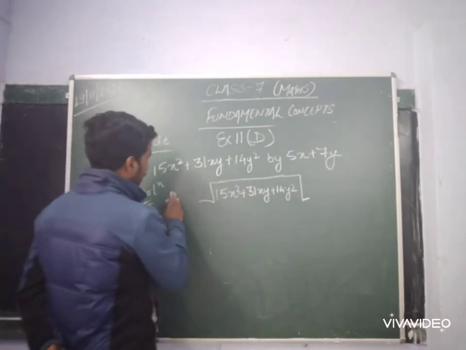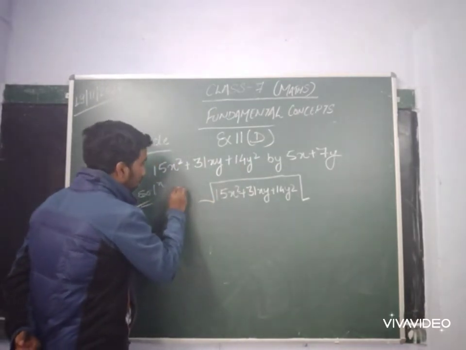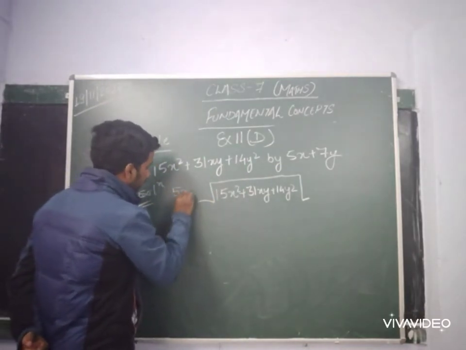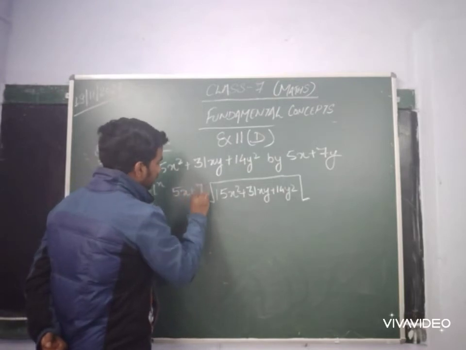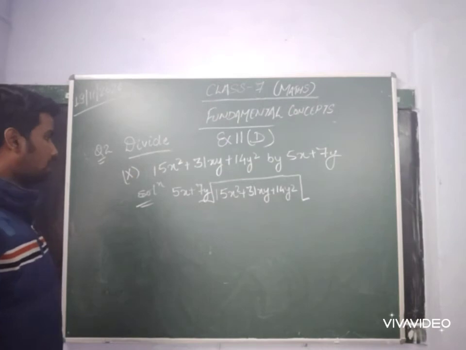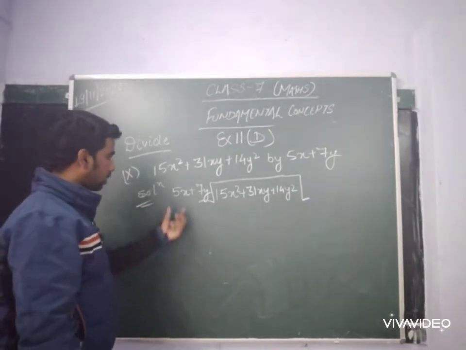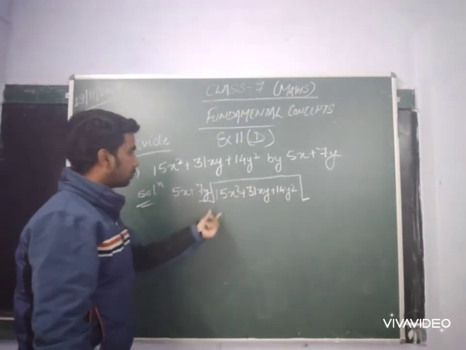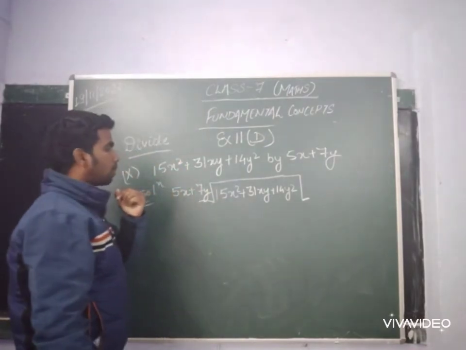Clear? And this expression outside, 5x plus 7y. Okay. Now our initial step will be to divide this single term with this single term of the polynomial.